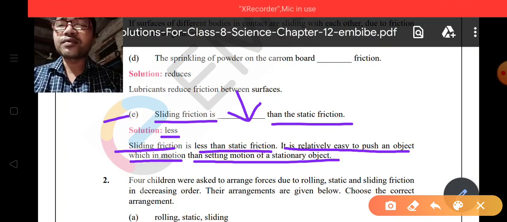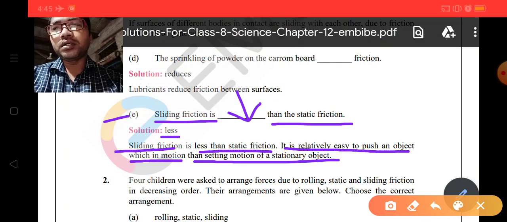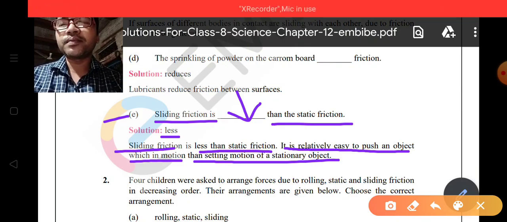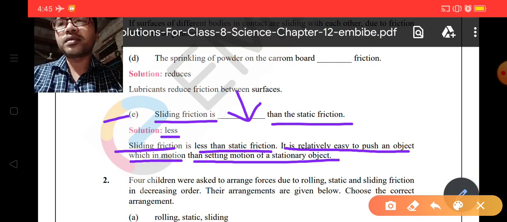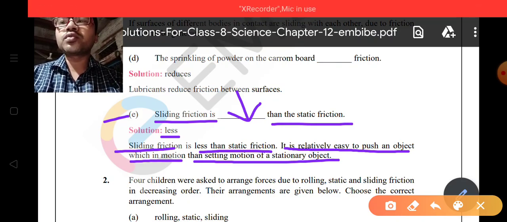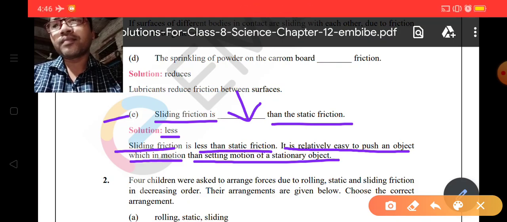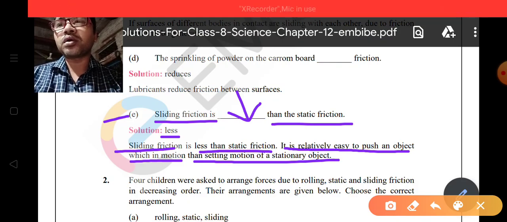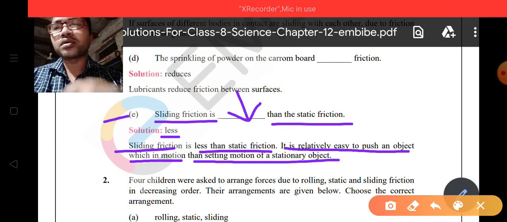So if you know about this, you can answer the questions even if they are given in a different statement. Okay, so try to understand the concept.